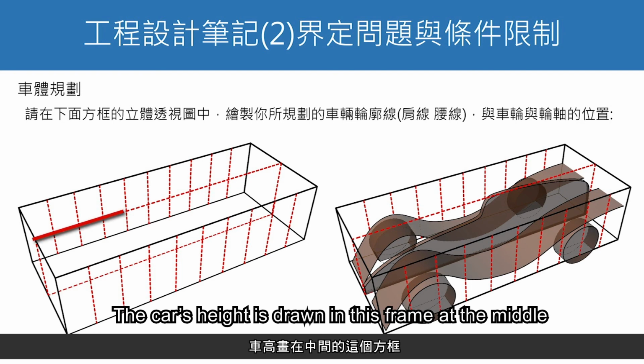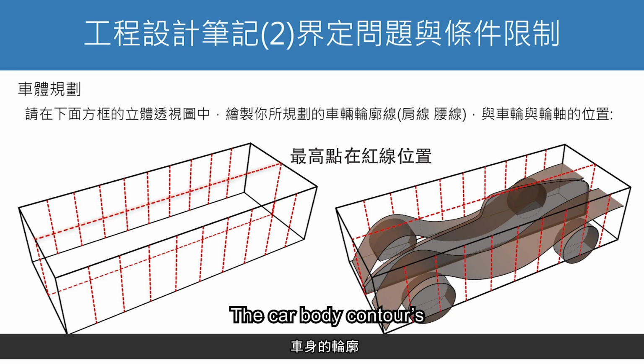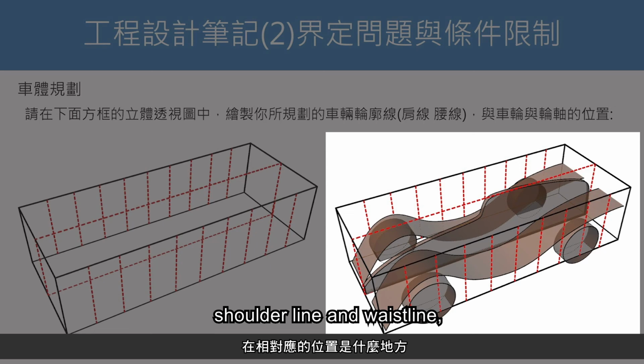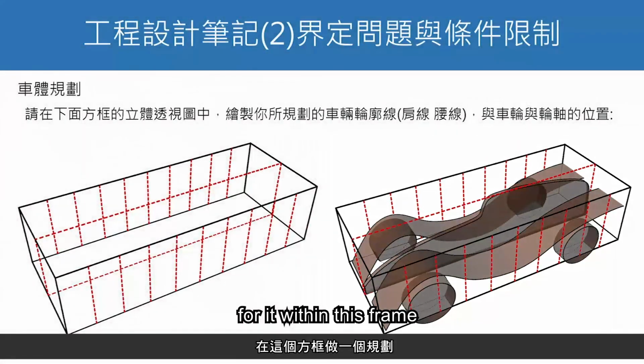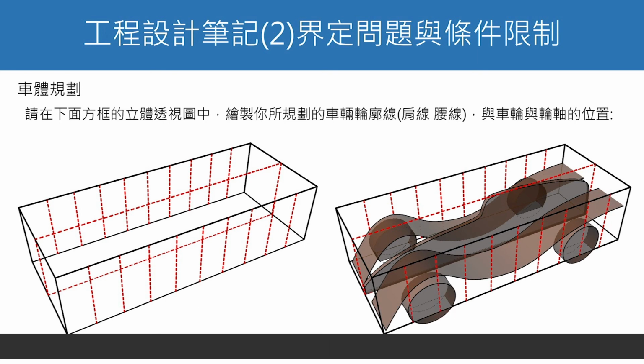The car's height is drawn in this frame at the middle. A part needs to reach its maximum point. The car body contours relative position, including its shoulder line and waistline, you can roughly plan for it within this frame. Next, you can watch the following demonstration video.